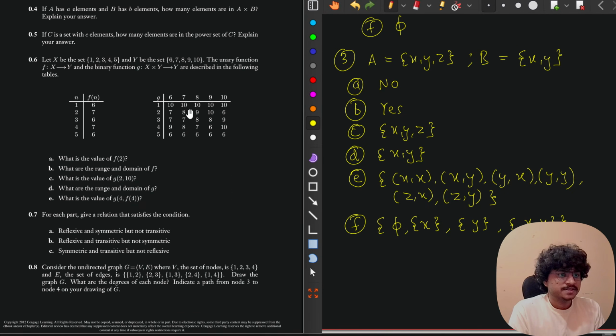If A has A elements and B has B elements, how many elements are in A cross B? Of course, just multiply them: A times B. And I have to explain my answer also.